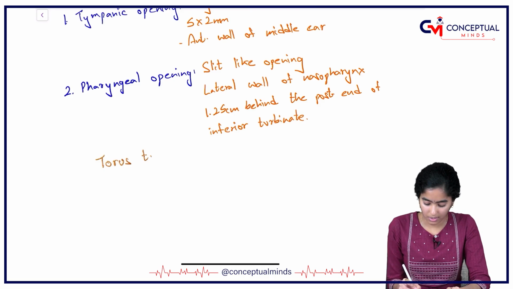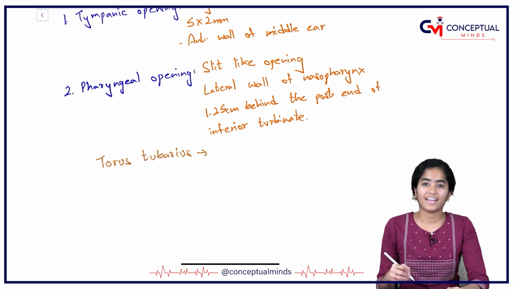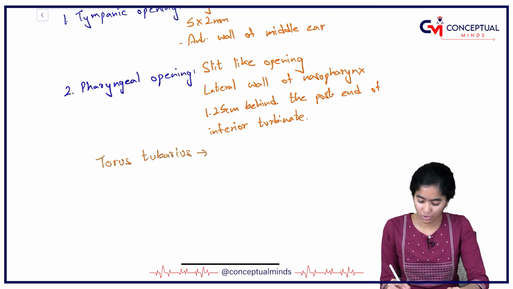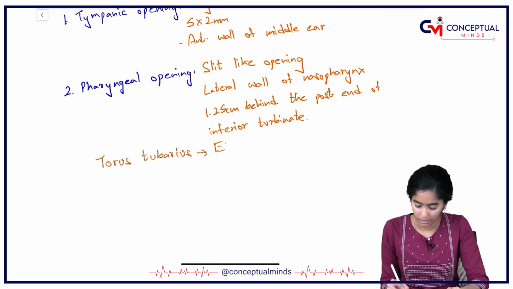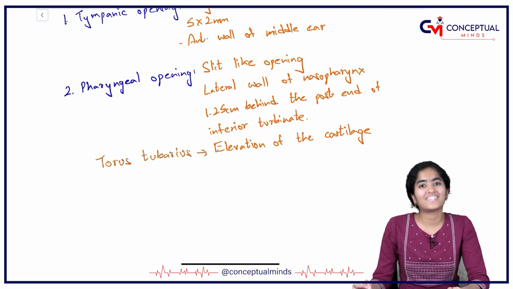What is torus tubarius? It is the elevation of the cartilage at the pharyngeal end on the posterior side.